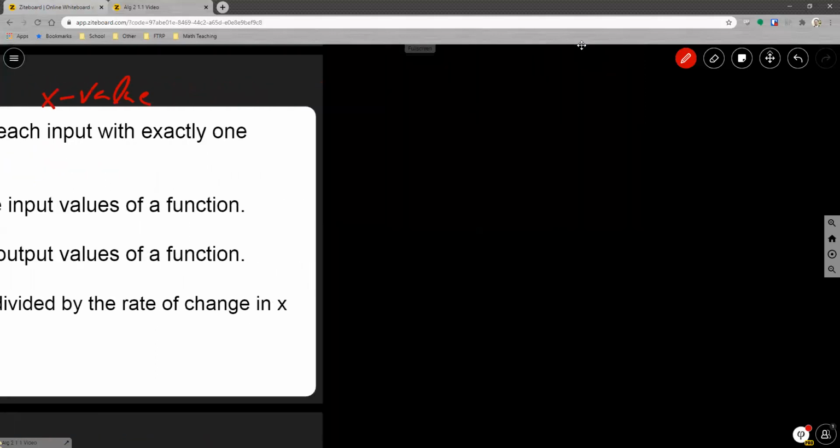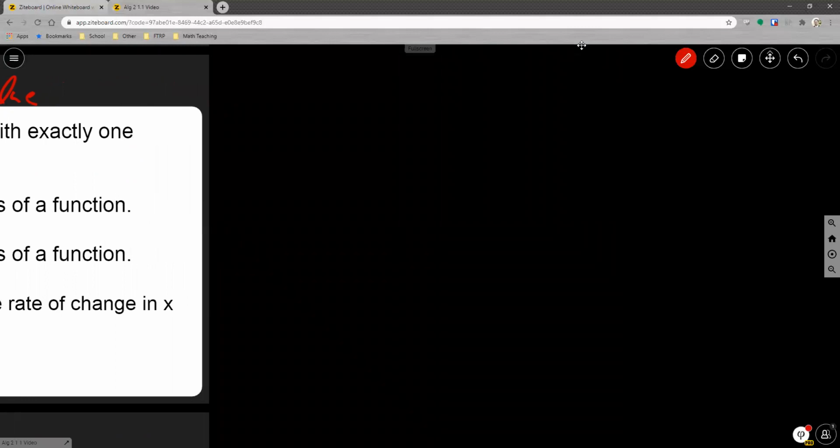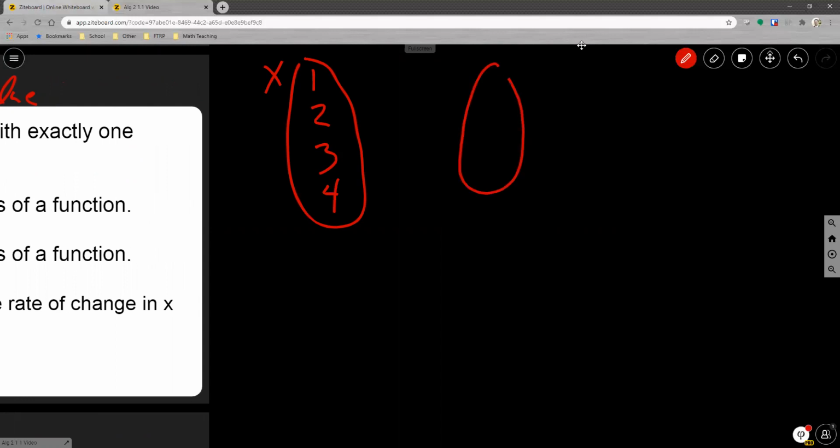So for instance, you could draw a circle, or you could have a list of values. These are x values, 1, 2, 3, and 4. And let's say I've got some y values over here. Let's call them A, B, and C. They don't have to be numbers.